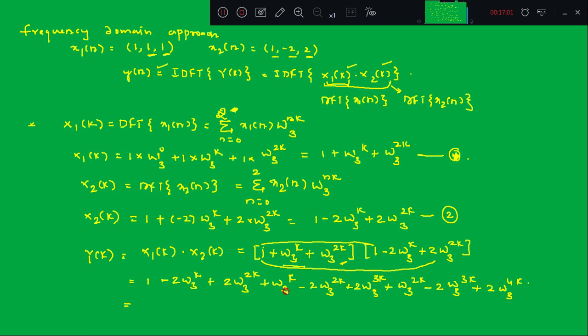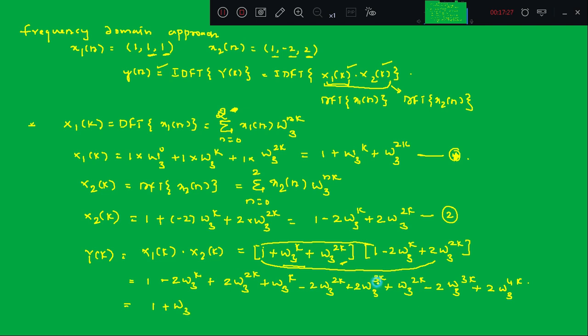W3^k is there, so here minus 2 W3^k is there, and here W3^k is there, minus 2 W3^k. You just simplify, and after simplifying what you will get is 1 plus W3^k, and one more thing.